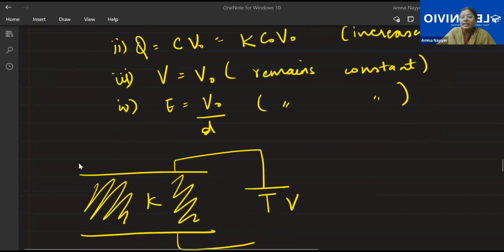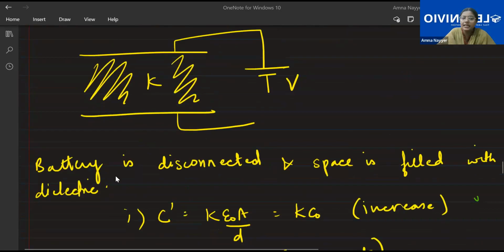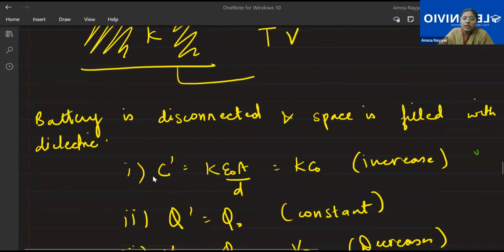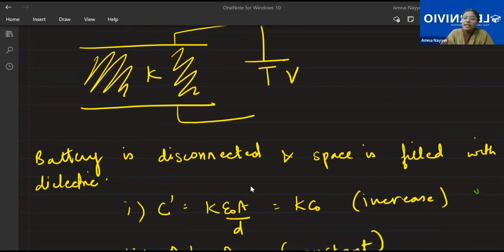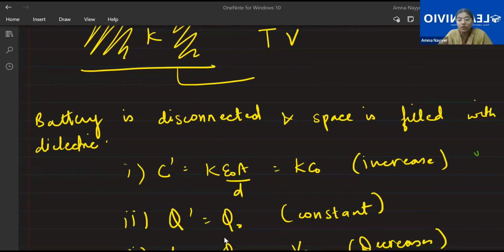Now, if the battery is disconnected and space is filled with dielectric, capacitance will increase K times, K C naught, it will increase. Charge here will remain constant.